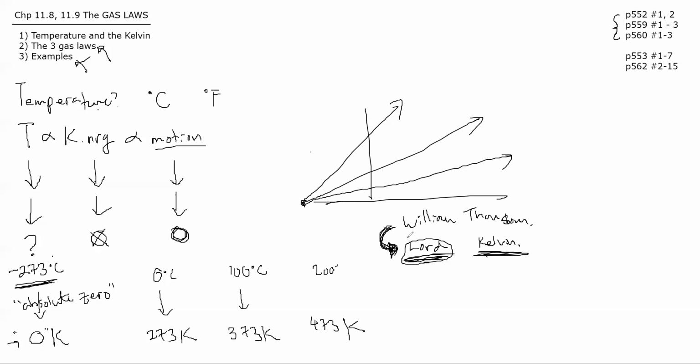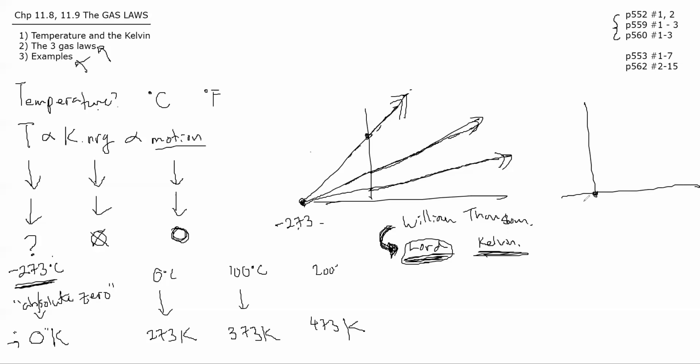But he was the first person to notice that the amount of kinetic energy, the amount of motion that we see for each molecule, seemed to all come from a specific location. When he extrapolated backwards, he hypothesized that it was negative 273 degrees Celsius. Of course, it's confirmed now, but it's so awkward to start at negative 273.